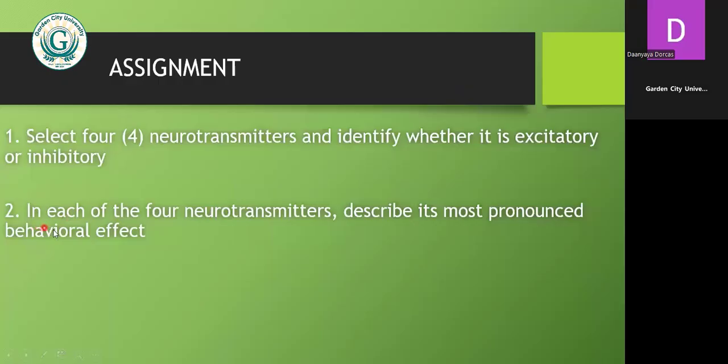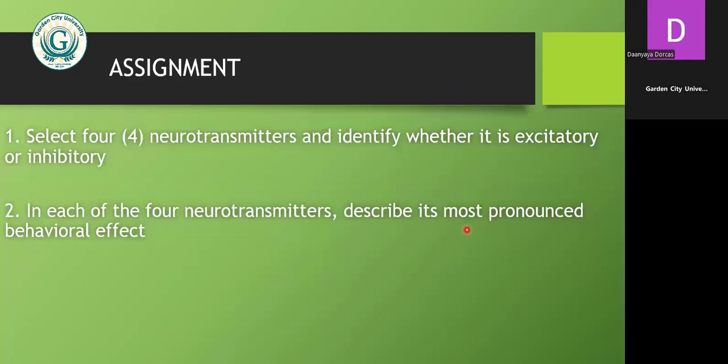Then the second one: for each of the 4 neurotransmitters, describe 8 most pronounced behavioral effects. So they all have effects on the individual, each of them. Kindly go through it. At the appropriate time, we will pick them or we will count for them.